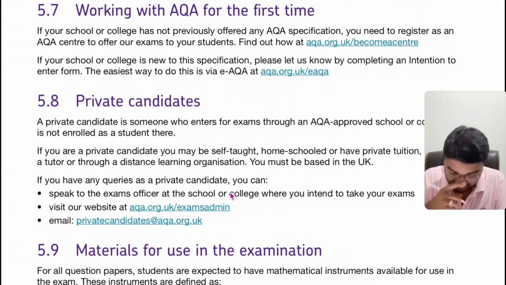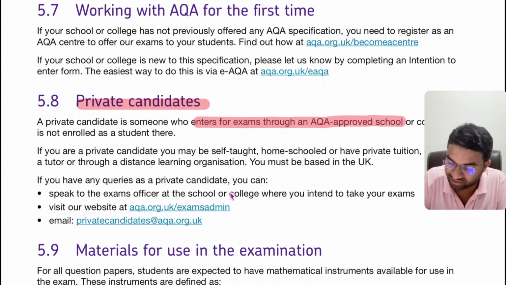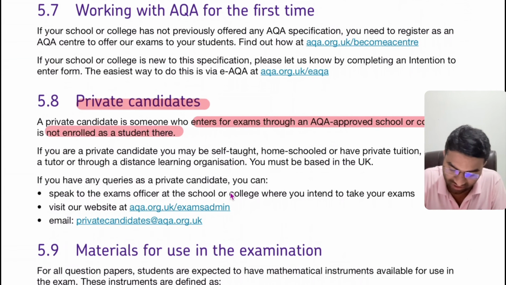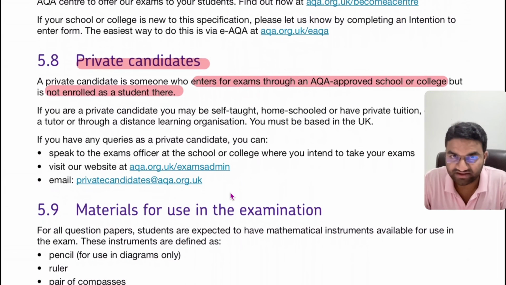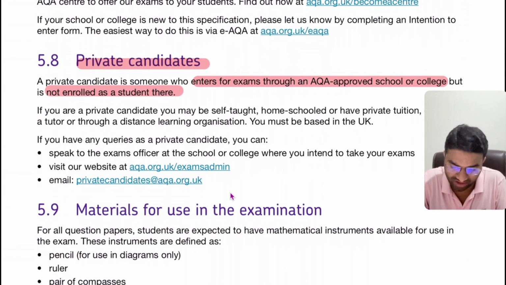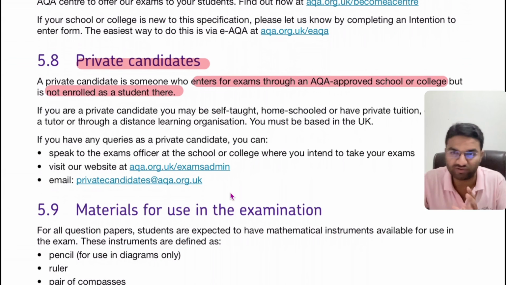Then here is the concept called a private candidate. A private candidate is someone who enters for the exam through an AQA approved school or college but is not enrolled as a student there. So you can give the exam externally, not going to school every day. Many students opt for this to save their time and work on something else.